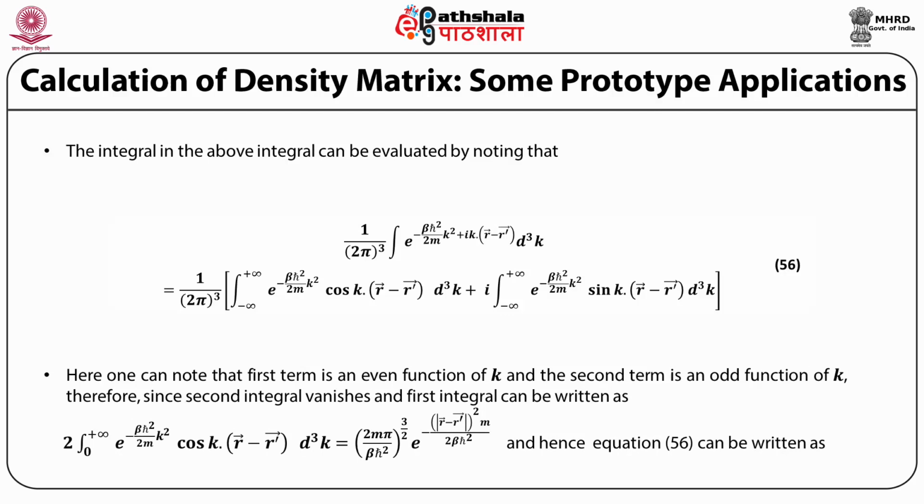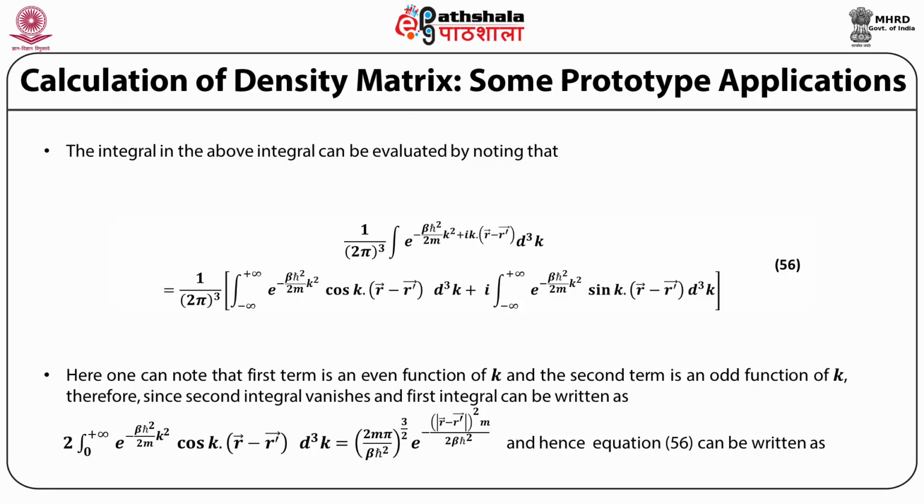Therefore, since the second integral vanishes, the first integral can be written as twice the integral from 0 to infinity of e raised to power minus beta h bar square by 2m k square cos of k dot r minus r dash, d cube k, which is equal to 2m pi by beta h bar square raised to power 3 by 2 times e raised to power minus modulus of r minus r dash square divided by 2 beta h bar square, multiplied by m.